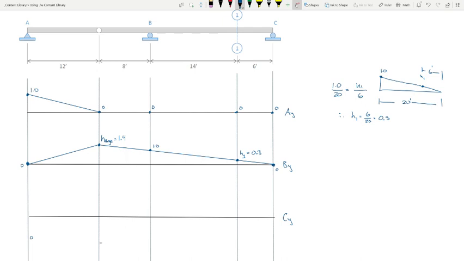This one's got to be negative 0.4. What about right here on the B support? What's the value need to be right there? 0, because if the load is directly here, there is no reaction at C, right? So that's got to be 0.